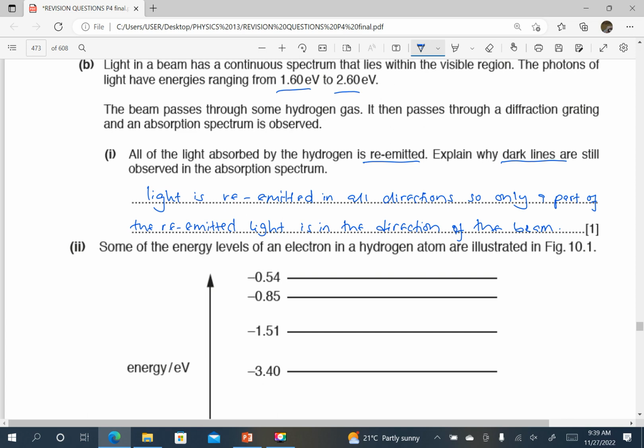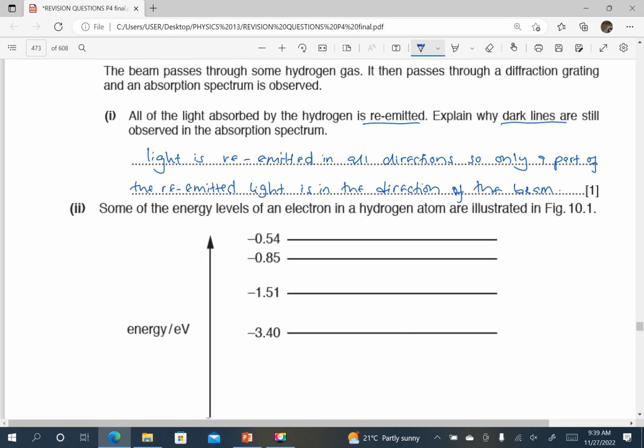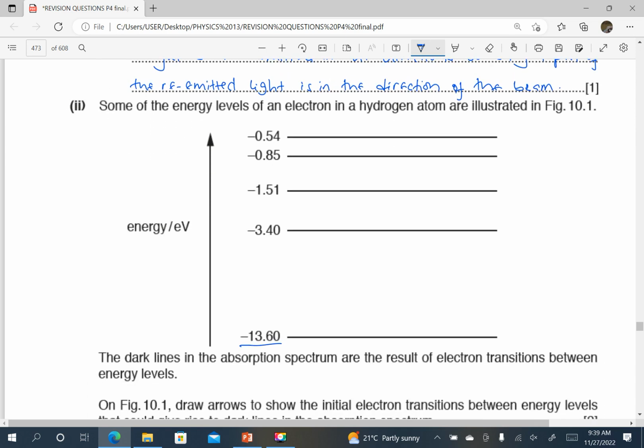Sorry, negative 3.4 plus 1.6. That's negative 1.8. That may not be possible. Or alternatively, I can just subtract to see the energies in that range. There's no problem. Let's check the first transition and see if it is possible. Let's check this one.